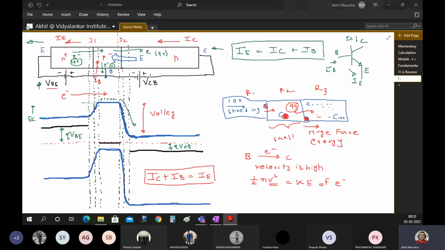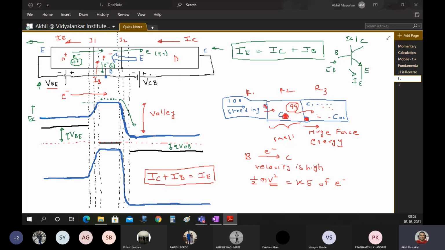The electric field which exists across the base collector region sweeps the electrons into the collector region, creating the collector current. However, if some carrier recombination does occur in the base, the electron concentration will deviate, and that is why we will get some base current too. But the base current is because of very few recombinations, and that is why the base current will be very small as compared to the collector current.